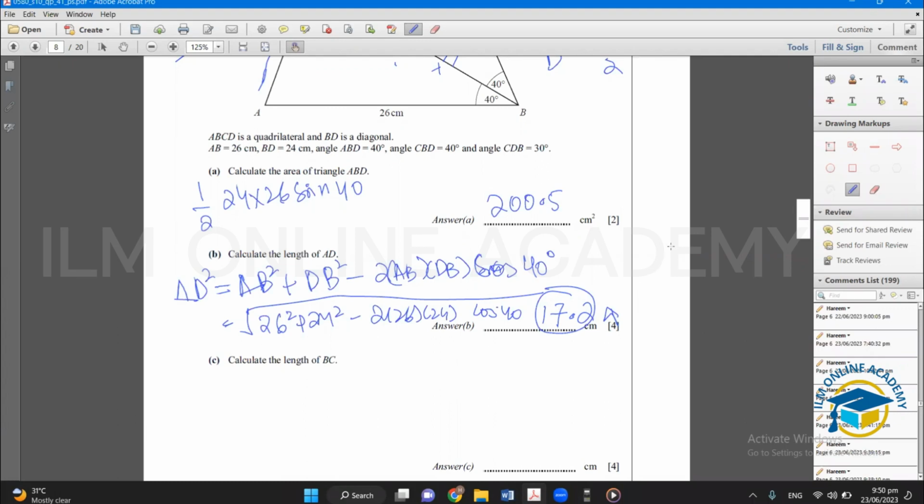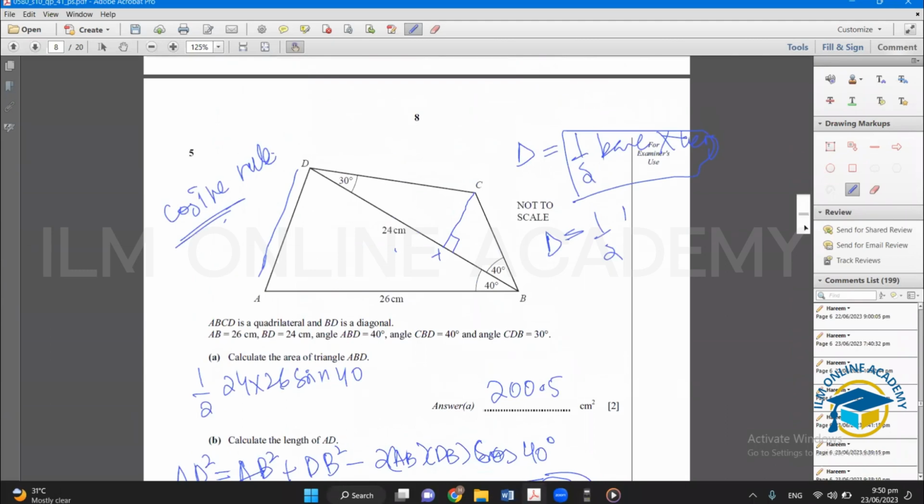Okay. Now the part C is calculate the length of BC. So where is BC? Here is BC. Let's just remove it for now.